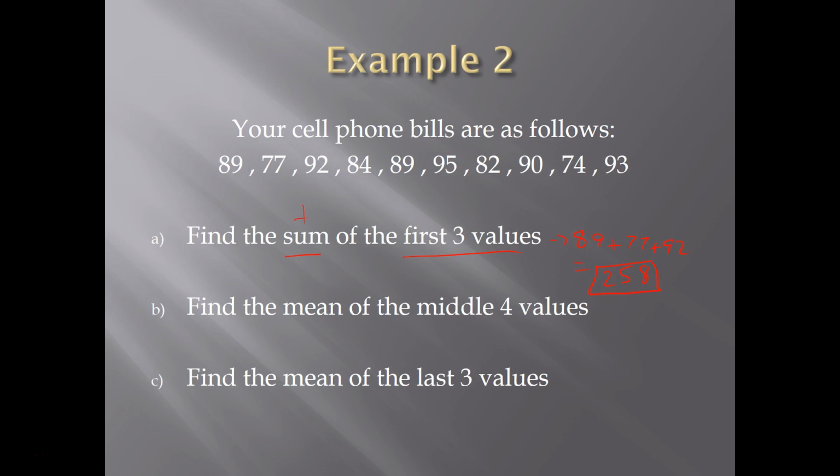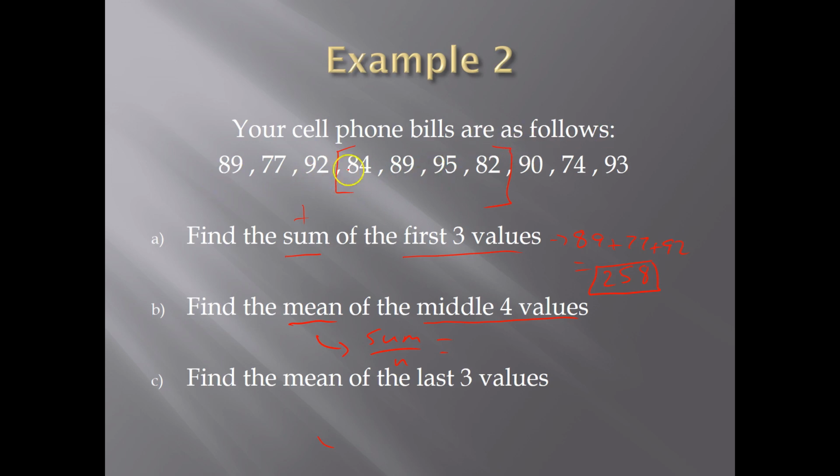Part B asks us to find the mean. So we're doing something different now. We're not finding the sum, now we're finding the mean. And remember, mean means that we are going to add, find the sum, and then divide by n, the number of values. So we need to find the sum of the middle 4 values. Well, the 4 values in the middle are these right here. Notice there's 4 in those brackets.